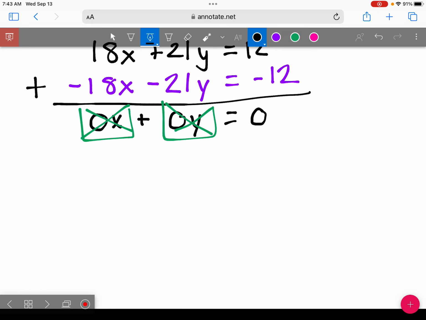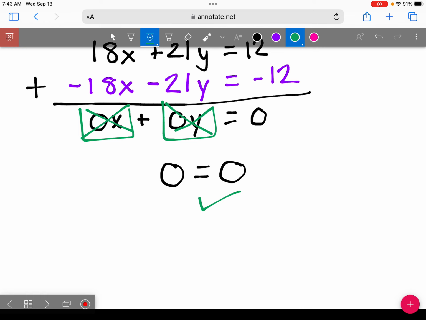So we've got 0 equals 0. Does 0 equal 0? Yeah, that works. So what's our solution here? It's not 0. Because if we had like x equals 0, we'd have to plug it back in.